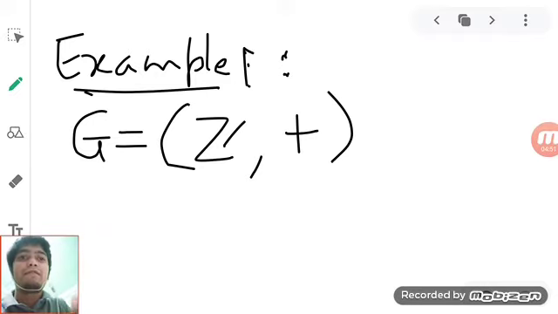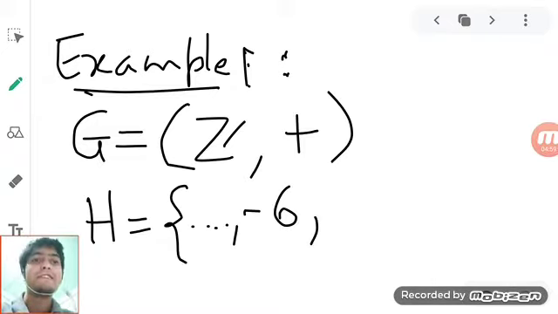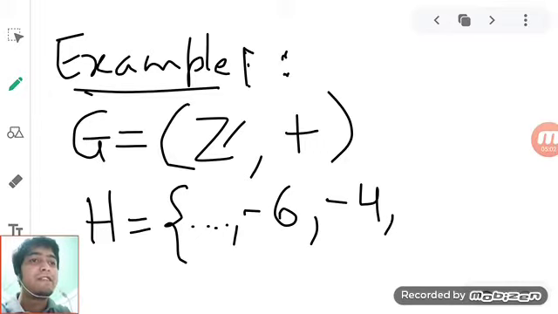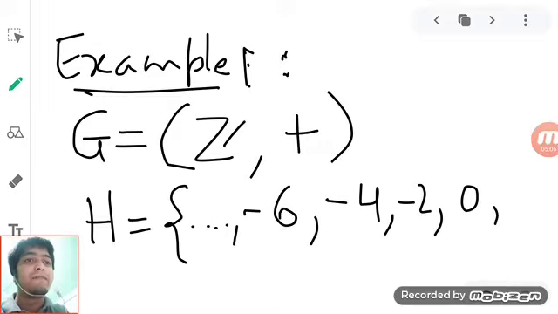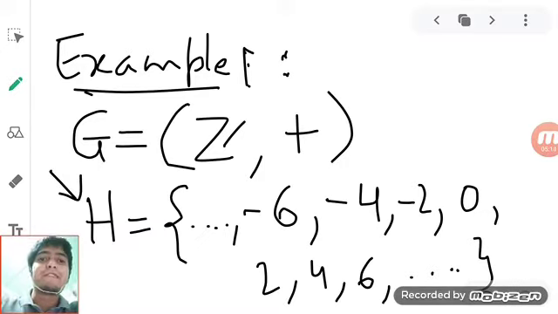We take H to be the set of even integers, because yesterday we found that if we take only the even integers, it will be a subgroup. So this is what we will take: 2, 4, 6, and so on. Yesterday we verified that this H is a subgroup.